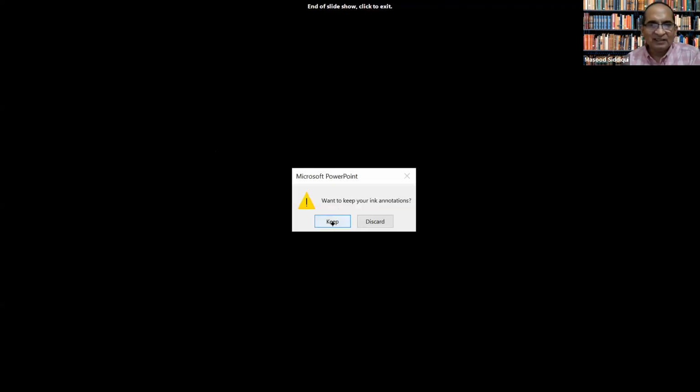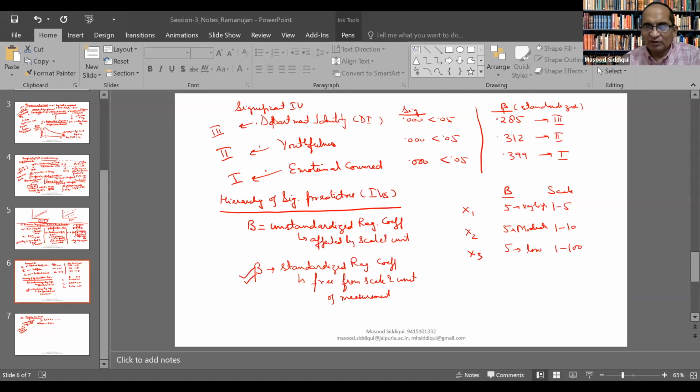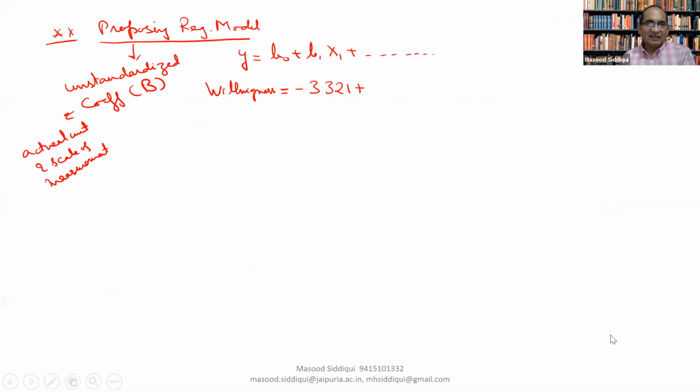So it will be easier for the respondent or the person to give the answer. They should be in the form of unstandardized coefficients.